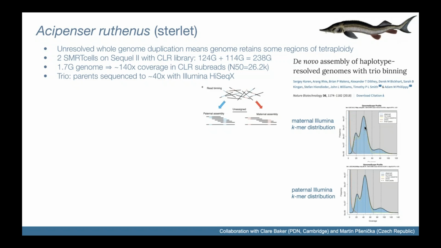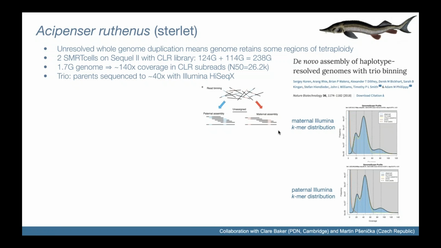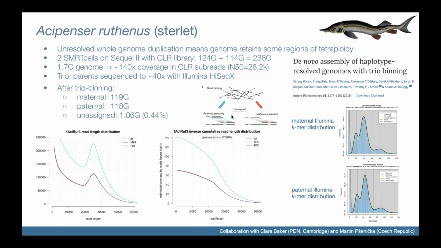The second peak is the things which are 2 copy, so it's the diploid parts of the genome, and this peak over to the right are the things which are 4 copy, so the tetraploid parts of the genome. So using those k-mers unique to either the paternal or the maternal Illumina data, we can assign the PacBio reads, and that worked quite well here.